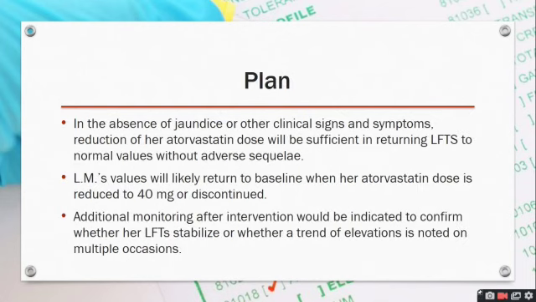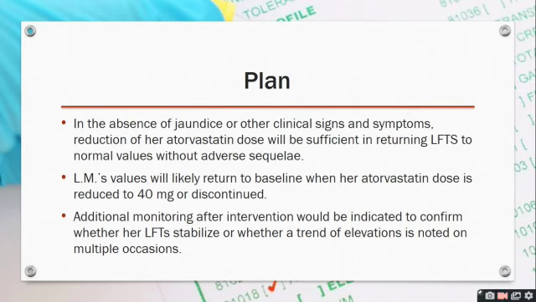Our plan should be that, in the absence of jaundice or any other clinical sign and symptom, as the patient is only showing fatigue and myalgia, we can reduce the dose of atorvastatin, and reducing the dose is sufficient to maintain the LFT in the normal range.